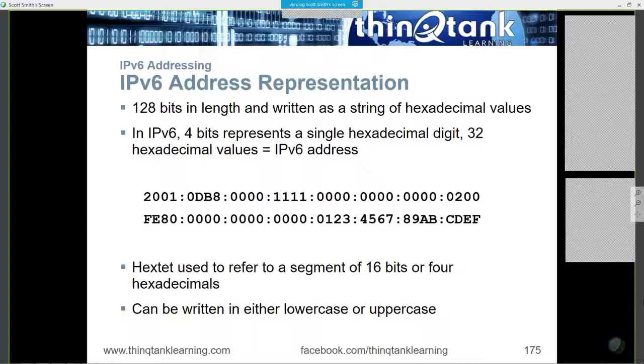Now people look at that and they go, oh man, I don't want to run IPv6. If my address is 10.1.1.1, that's a heck of a lot easier than saying 2001 0DB8 00001111, etc. But I'll show you in the rest of this chapter that that's not really how IPv6 addresses work.